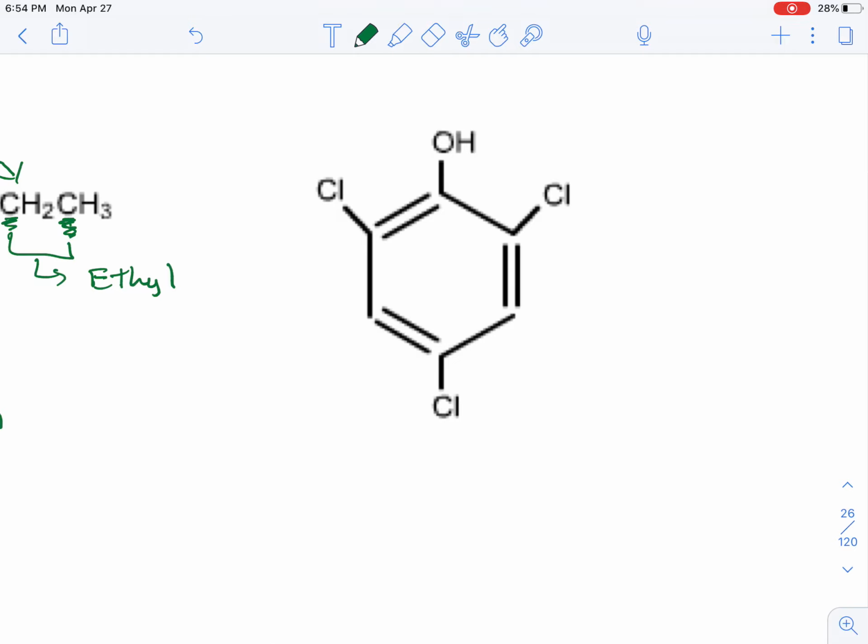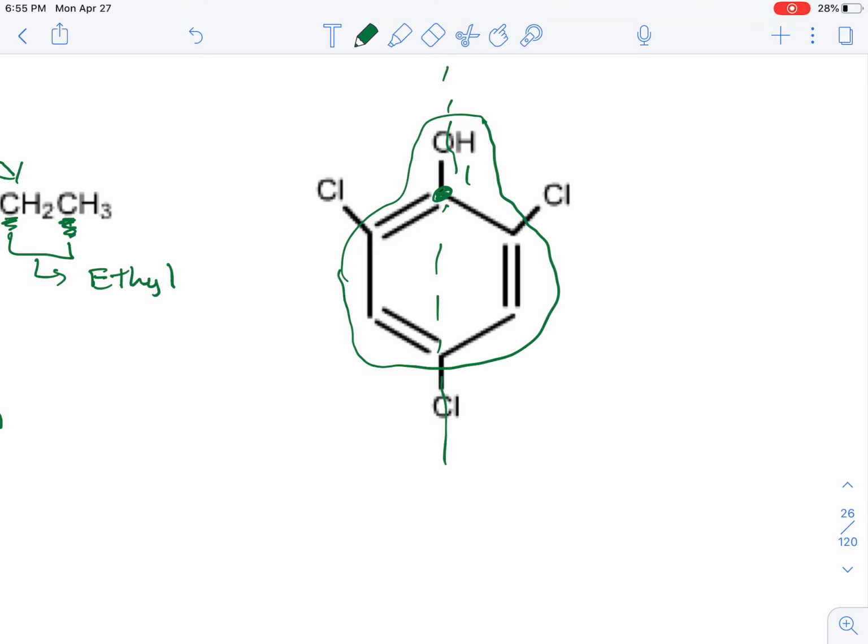Let's take a look at the next example. Once again, I see my phenol right here, and I know this is carbon number 1. Notice how this molecule, if I were to cut it in half, looks very symmetrical.